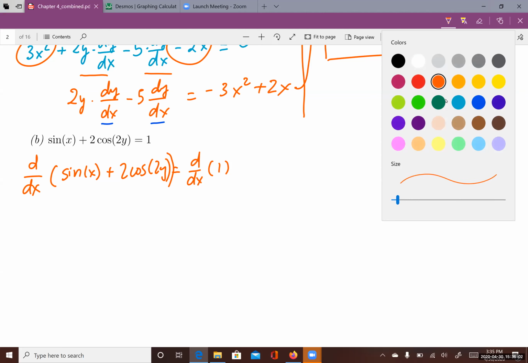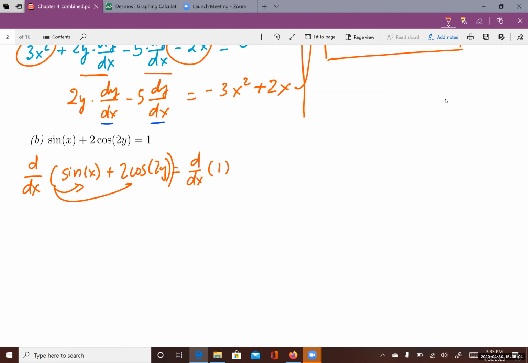And again, I want to differentiate each of the terms in here, right? x and x are the same, so I can just use the regular differentiation rule, which gives cosine of x. x and y are not the same, then I have to use implicit differentiations. Plus 2, the derivative of cosine should be negative sine of 2y.